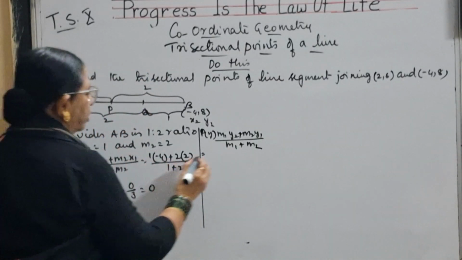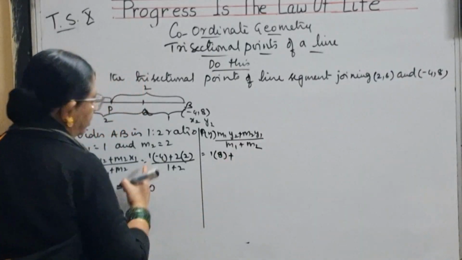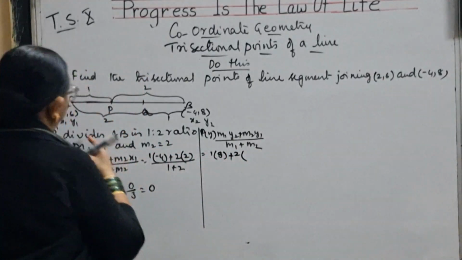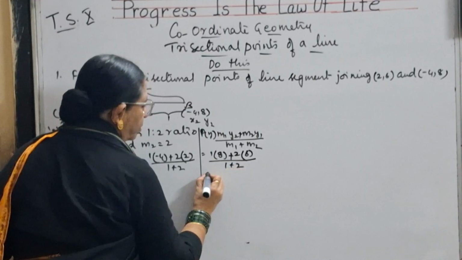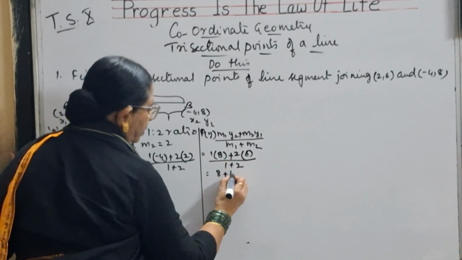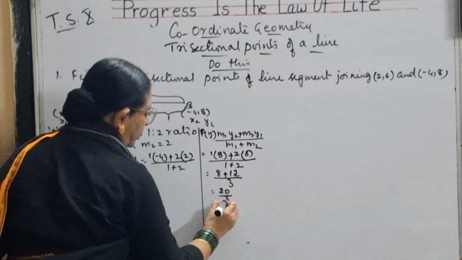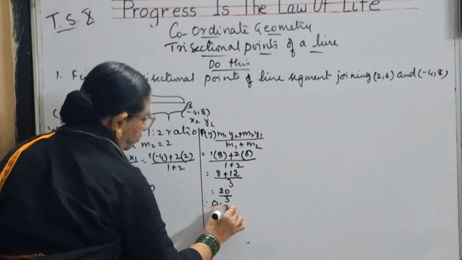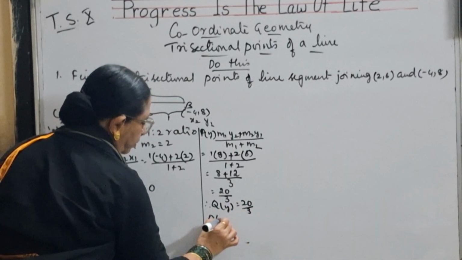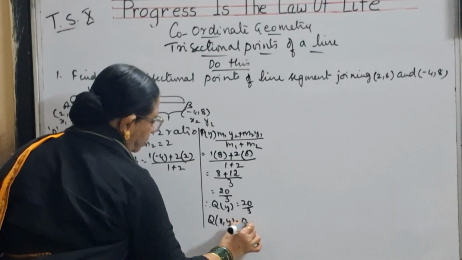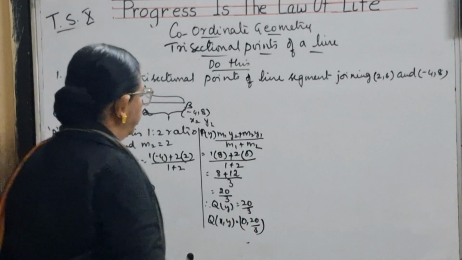What is M1? 1 into y2. y2 is 8, plus M2, 2 into y1. y1 is 6, by 1 plus 2. 8 plus 2 sixes are 12, so 20 by 3. So P of y is equal to 20 by 3. That means P of x comma y is equal to 0 comma 20 by 3. We have got P, children.